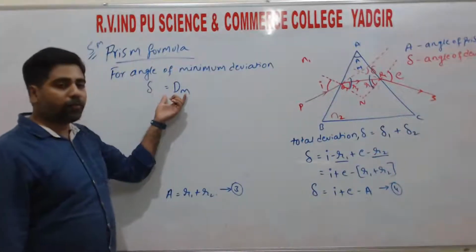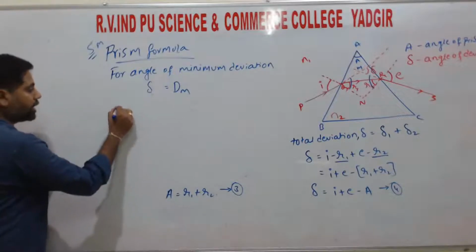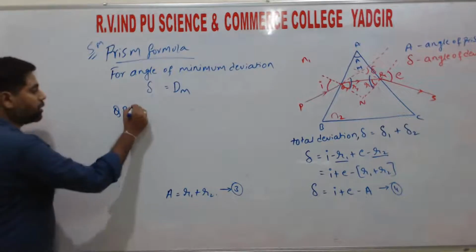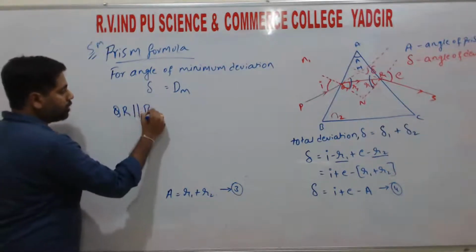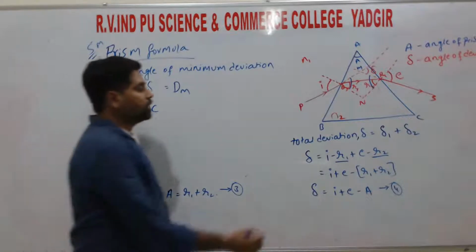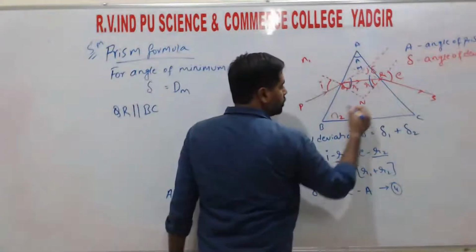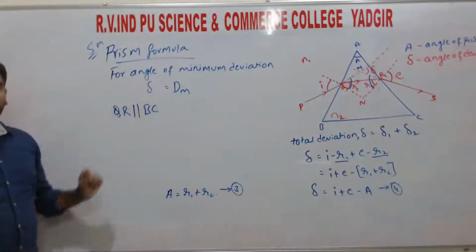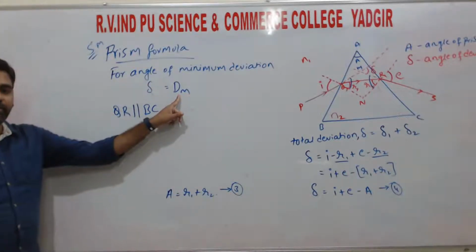For the angle of minimum deviation, the refracted ray inside the prism, that is QR, is parallel to the base of the prism BC, right? So this ray is parallel to BC. Then only we get the angle of minimum deviation, that is Dm, right?